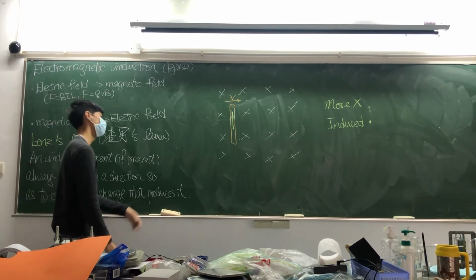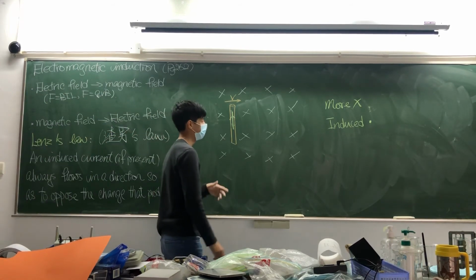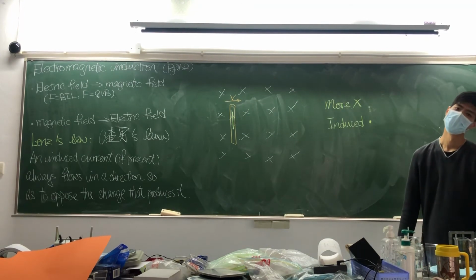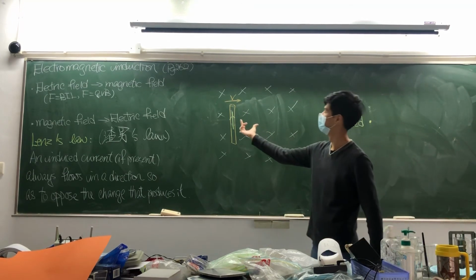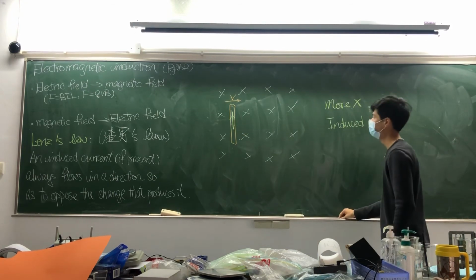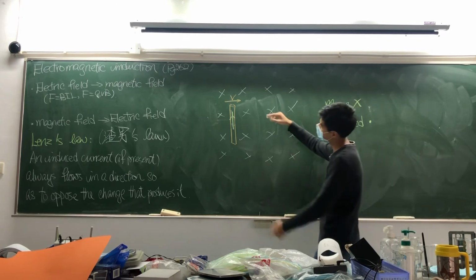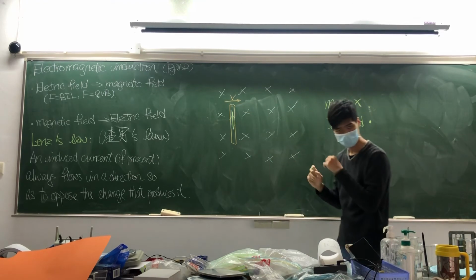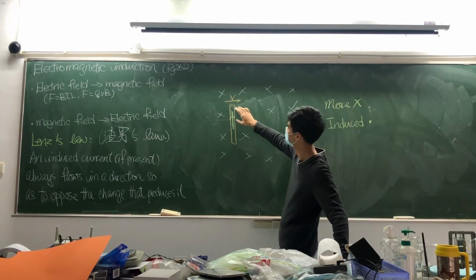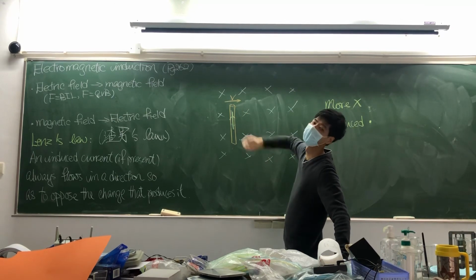So that's how you can find the induced voltage for a single rod, using Fleming's right-hand rule. Now, when it's moving, you can treat this thing as a power source. So actually, it becomes like a battery.